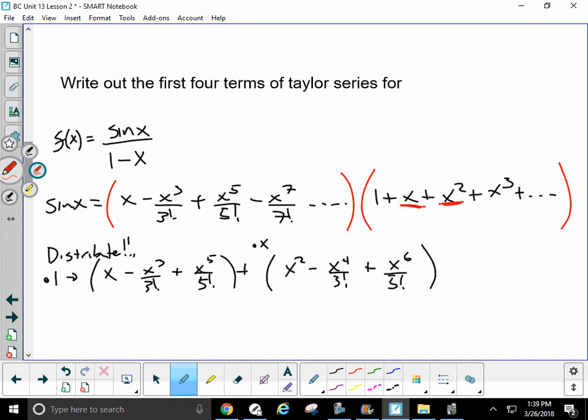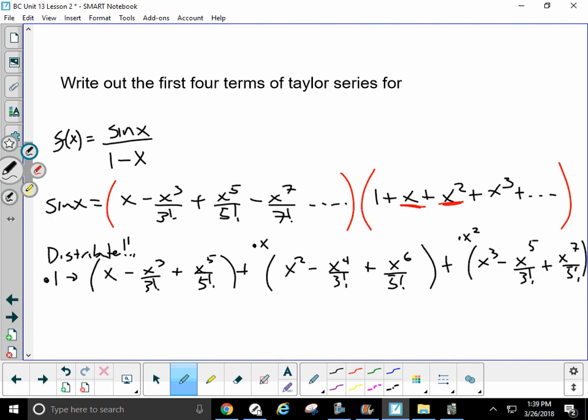If I look at the x squared terms, I'll have x cubed minus x to the 5th over 3 factorial. And I know I'm already going to be beyond that, x to the 7th over 5 factorial. So I got some x's, I got an x squared, I got some x cubes.